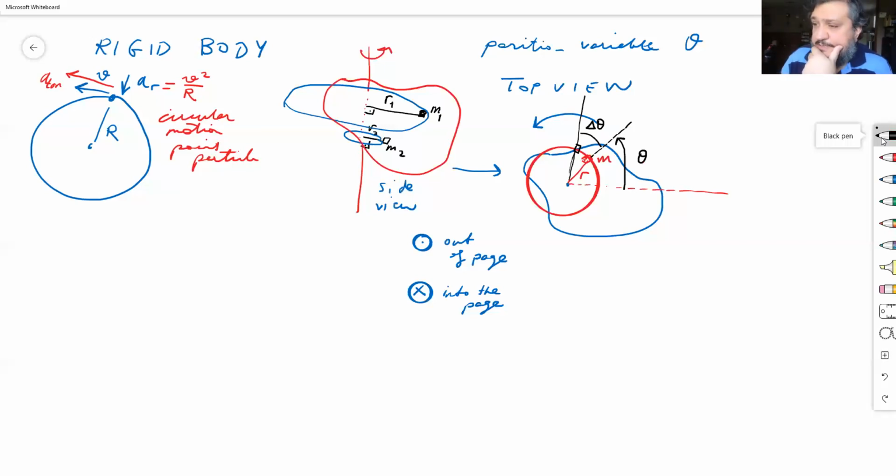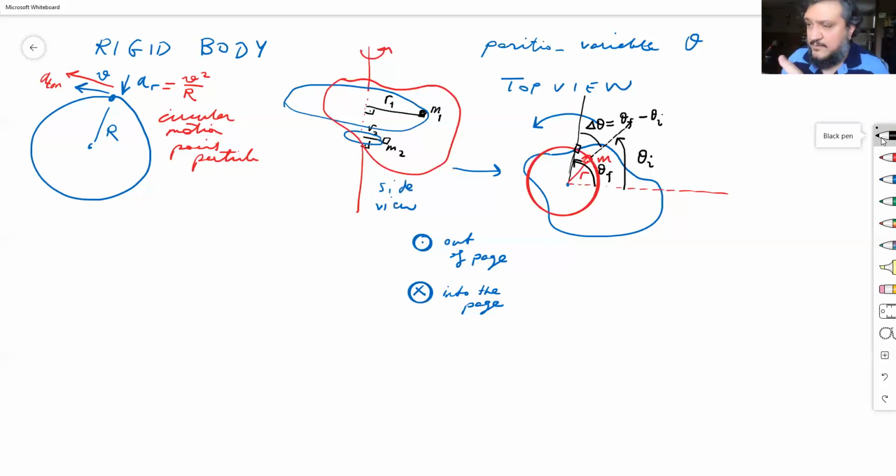So this was a second ago, theta initial. Now it is theta final. So here, this angle here is now theta final. So this delta theta is just the difference between the two. Delta theta equals theta final minus theta initial. Okay, it goes like this.